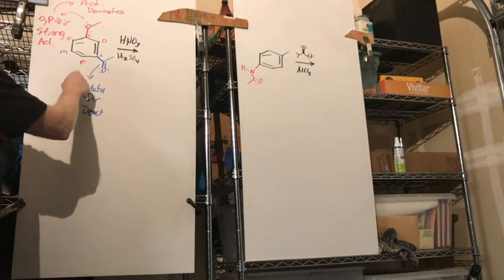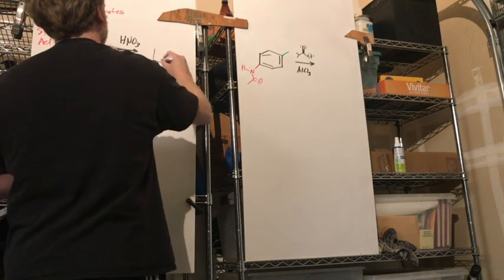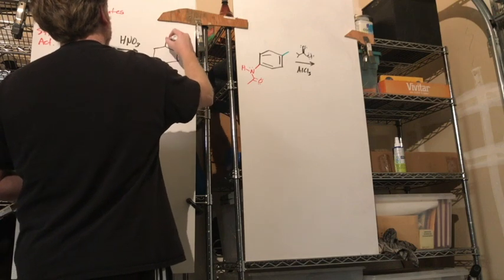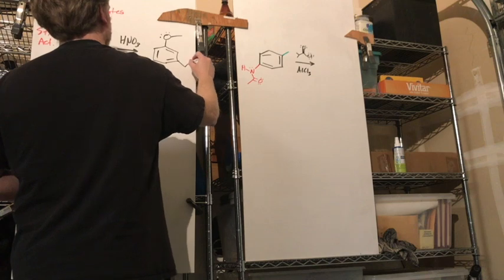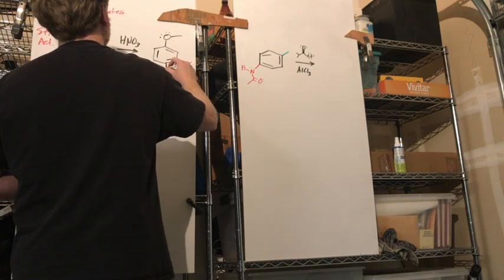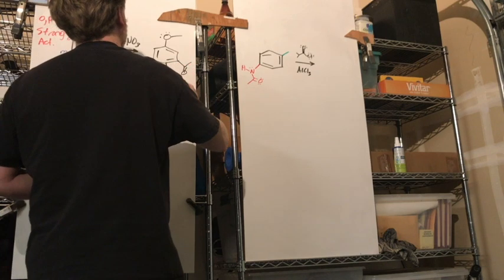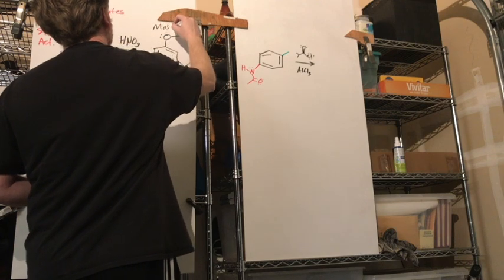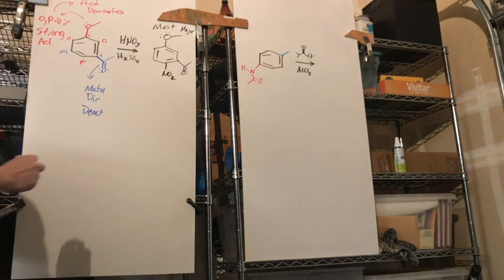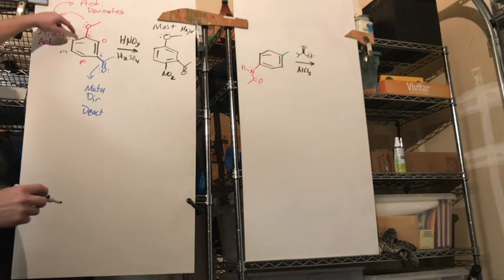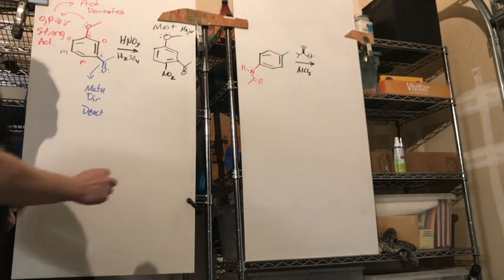So I'm going to go para would be major on this one, most major. So I'll nitrate there. I'm going to say most major there. And then I would say the next most major will be the ortho that's not so much steric hindrance.